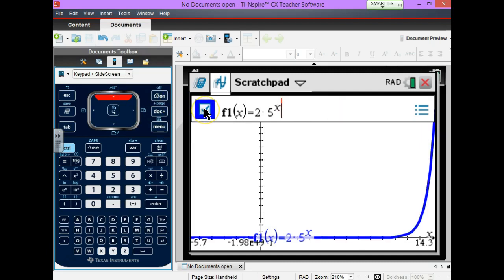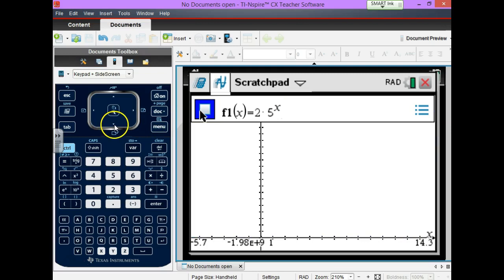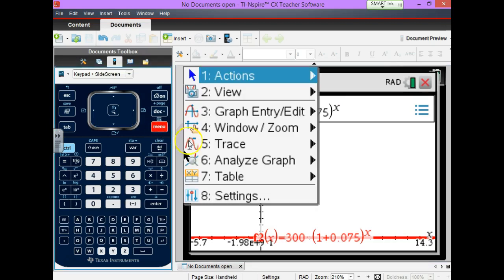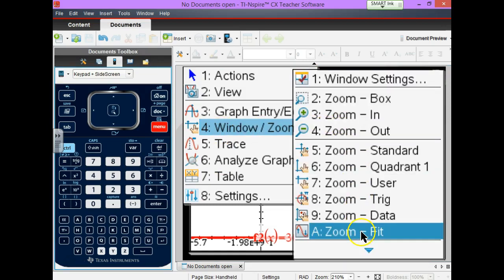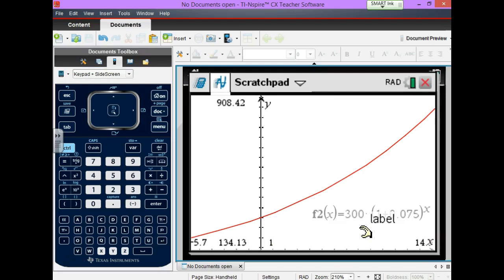Alright, so I'm going to remove this first function we dealt with and move on to this second one here. Okay. Alright. The next thing I want to do is adjust the window, so I'll hit menu. I'll hit zoom fit. Okay.